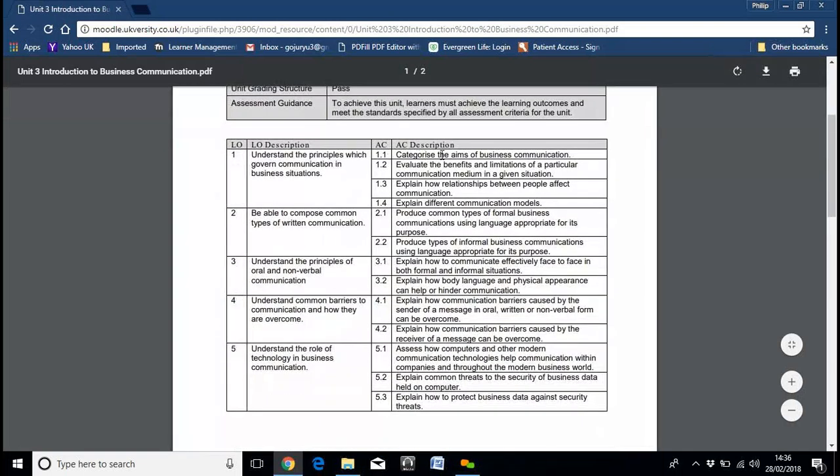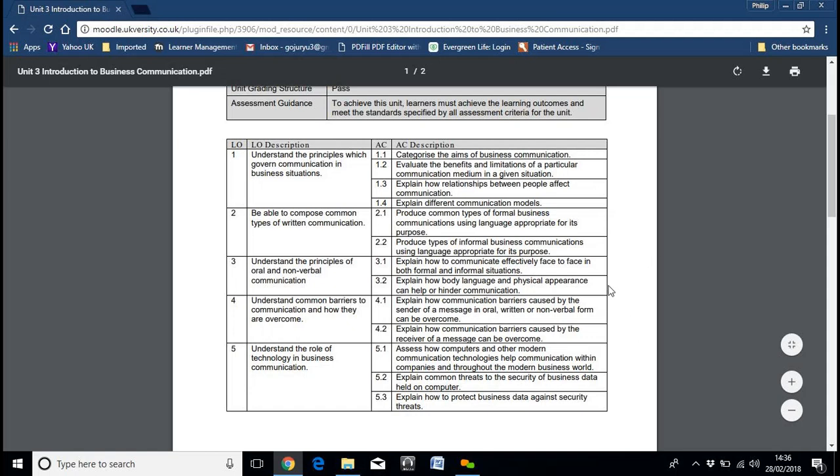The assessment criteria, yeah. So categorize the aims of business communication. So that's looking at what the communication is trying to achieve, yeah. So the different categories of information that needs to be delivered, benefits and limitations of a particular communication system in a given situation.